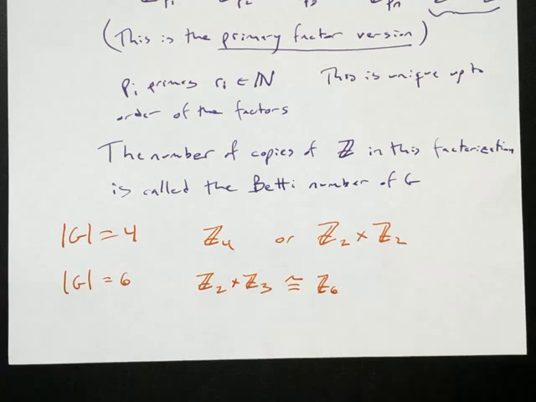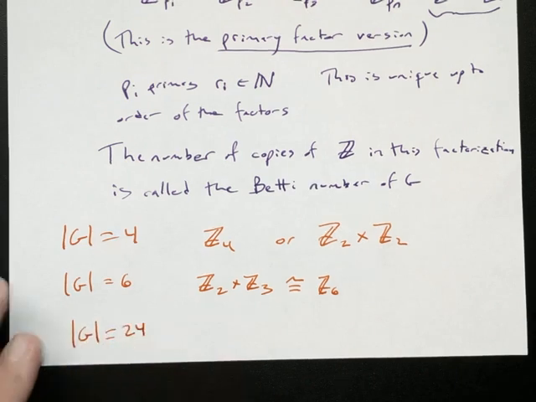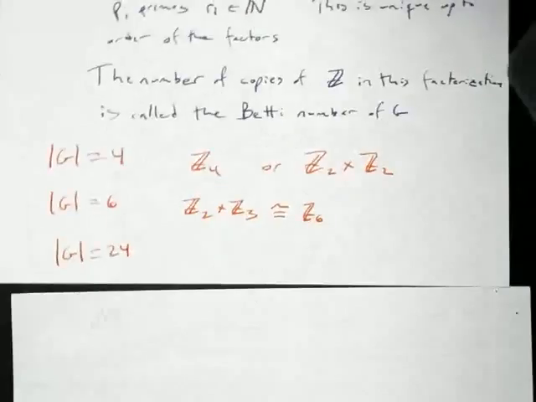Let me go with something more highly composite. How about 24? What happens if I do a group of order 24? I need the prime factorization of 24. 2 cubed times 3. Aha.